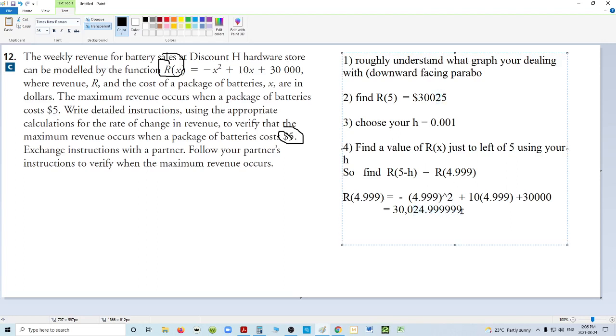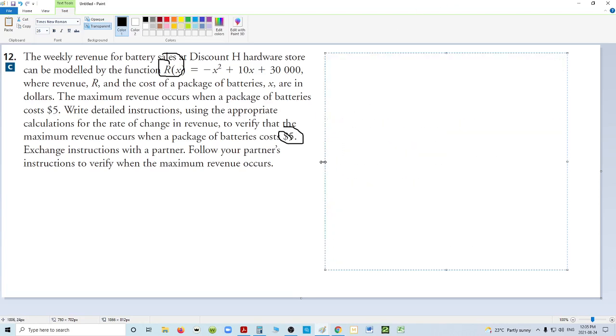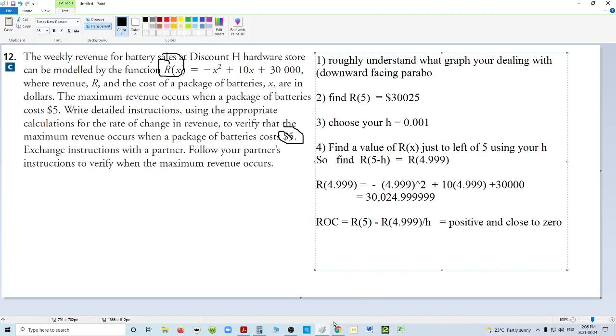Now you're going to find your rate of change between those points, between your r of 5 minus your r of 4.999, which is to the left of it, divided by h. Since we're dealing with a max value, you're hoping it's going to be positive and close to 0. So this is step 5, find the rate of change between these 2 points.